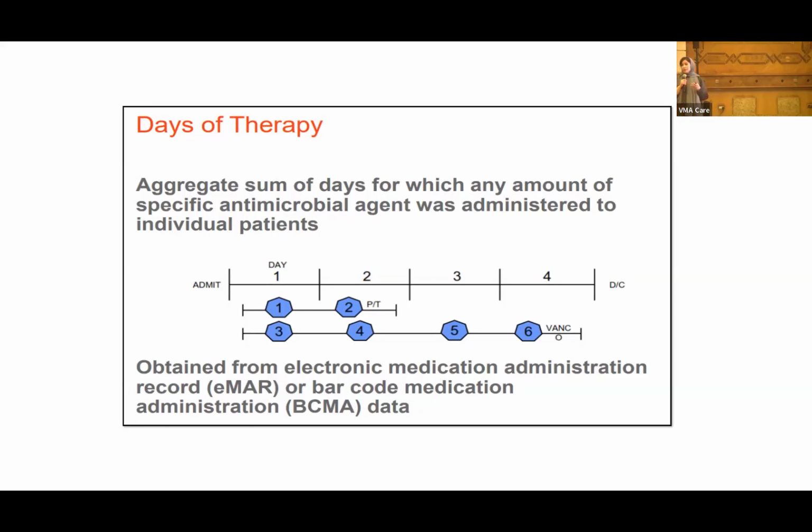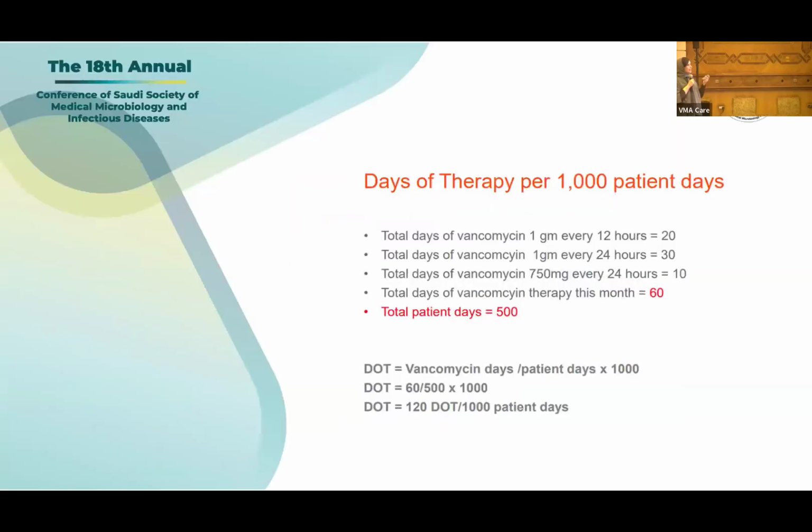This is difficult because are we going to do this on every patient, or are we going to calculate it from the EMR? Usually there are some databases that can calculate days of therapy. However, once we calculate days of therapy, we need to transfer it to 1,000 patient days. So we add all of the DOTs that we had that month, divide by the total patient days, and then multiply by 1,000.